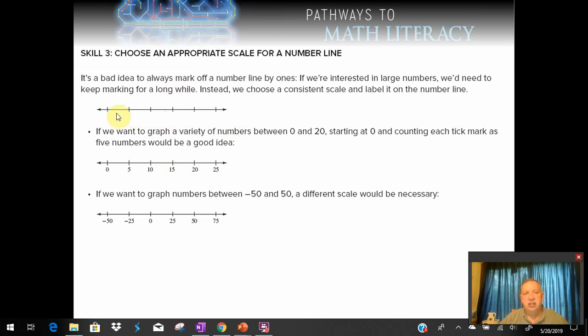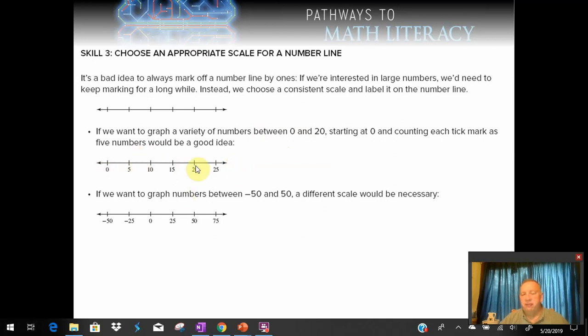And I could have -1, -2, 1, 2, 3. But if I wanted to have something between 0 and 20, if I need to have the information up there and plot some points, I would need a bigger scale. So here they've done a scale of 5, and each tick mark would be 5. Say 5, 10, 15, 20, 25 to label it.